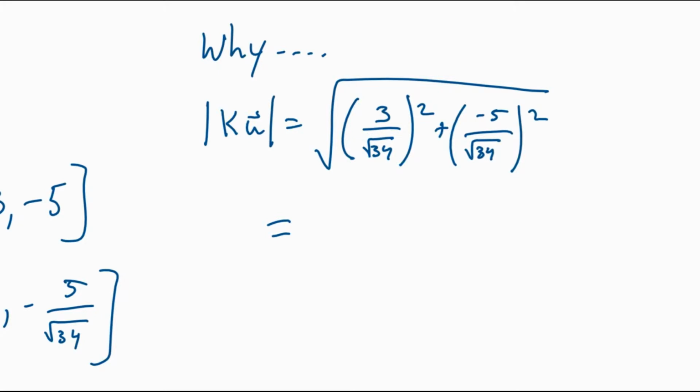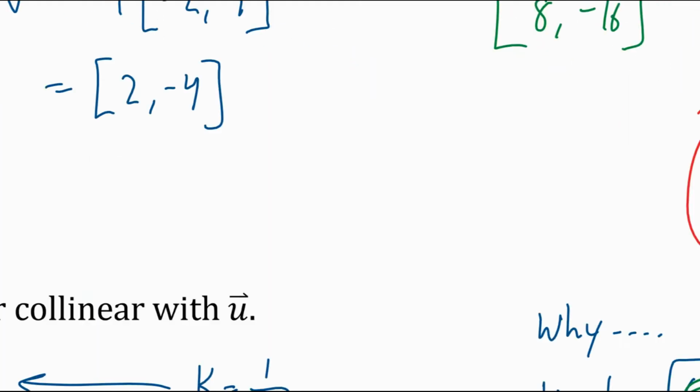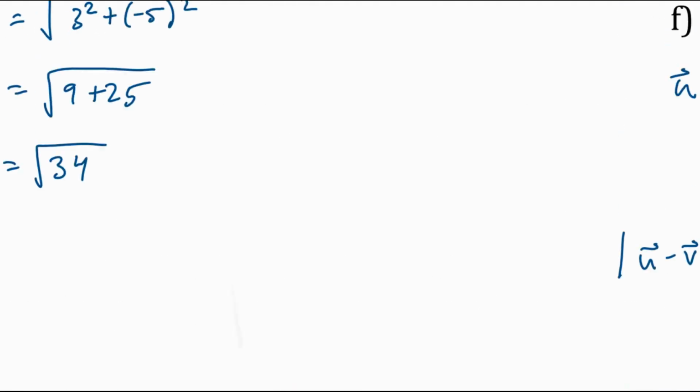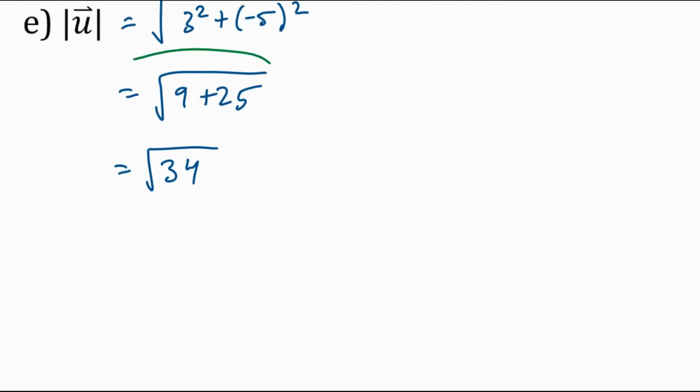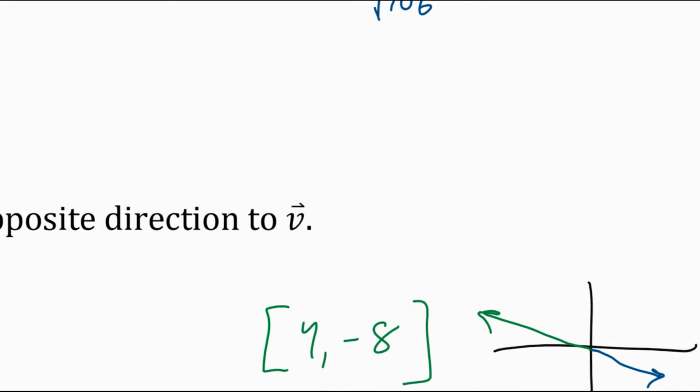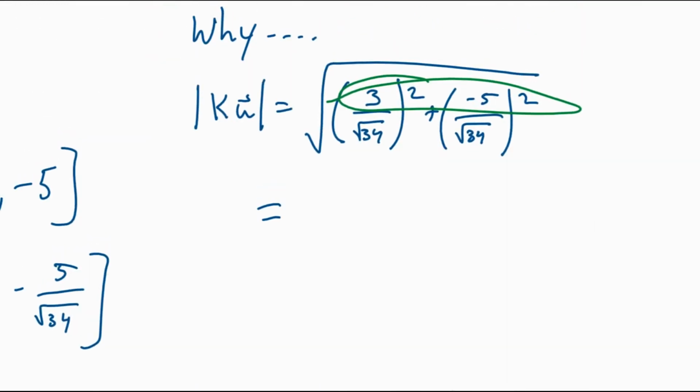That's kind of set up that way. So I've got a common denominator of 34. And when I square 3 and when I square -5, I get 9 plus 25, and that was how we found the magnitude of vector u. So because of how I've set it up, this will work out to the same value as the magnitude necessarily. I'm going to get 9 plus 25.